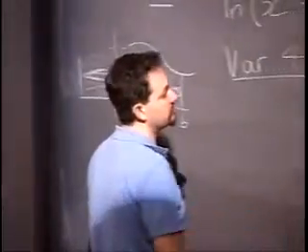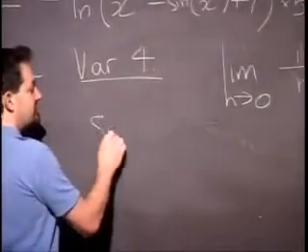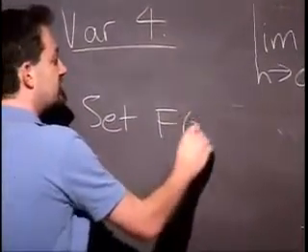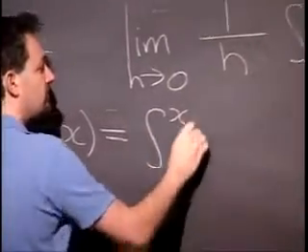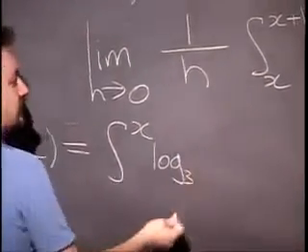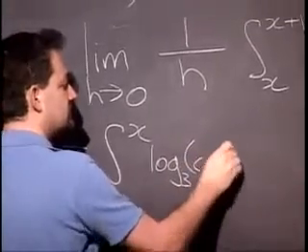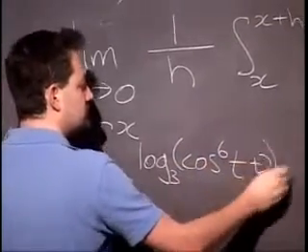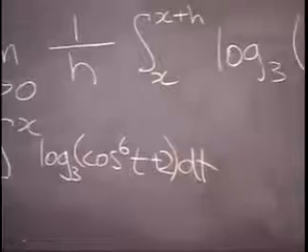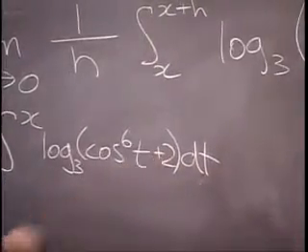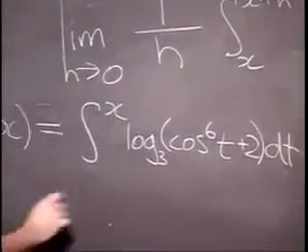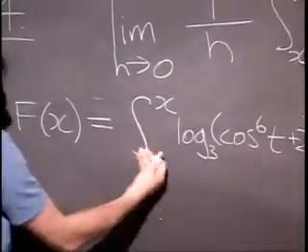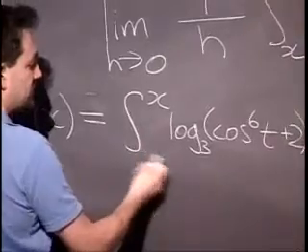In order to deal with this, instead of writing equals, just set f of x is the integral up to x of this nasty thing, log cosine to the 6t plus 2 dt. Where do I start? Doesn't matter. Anywhere in the domain. Again, I'll pick 0. Well, no, 0 is boring. I'll pick 1/3.